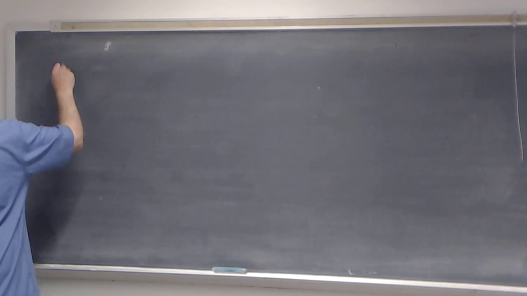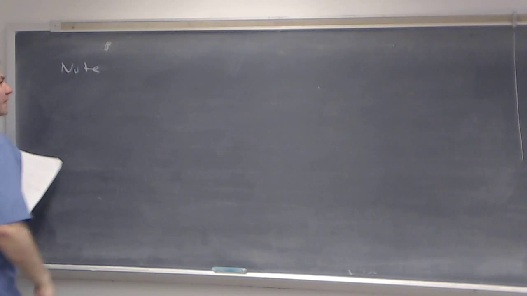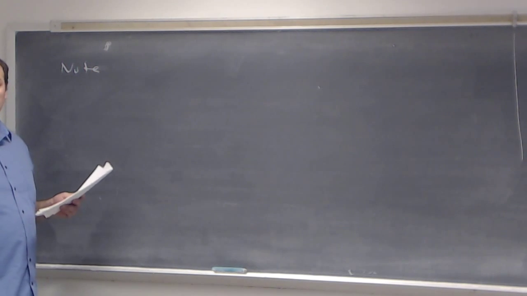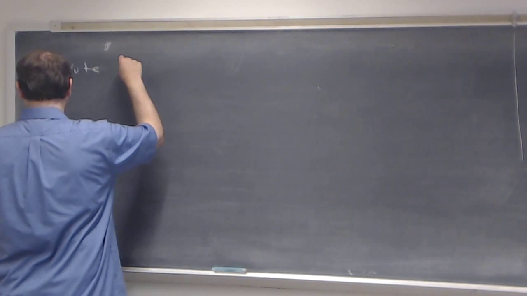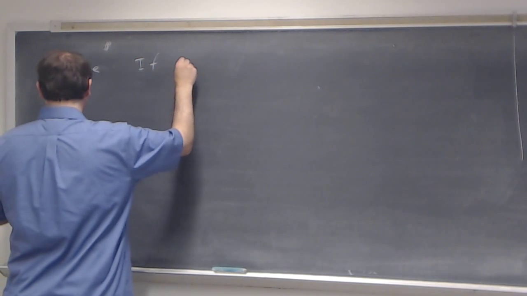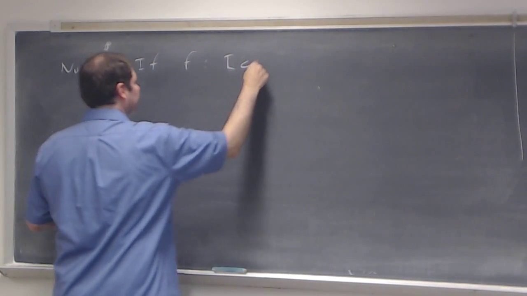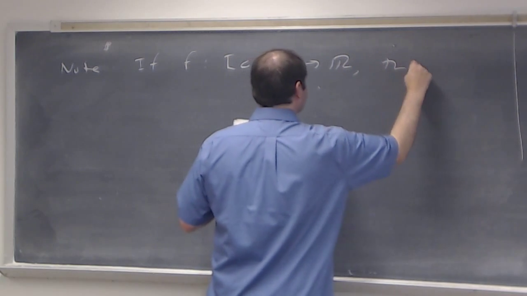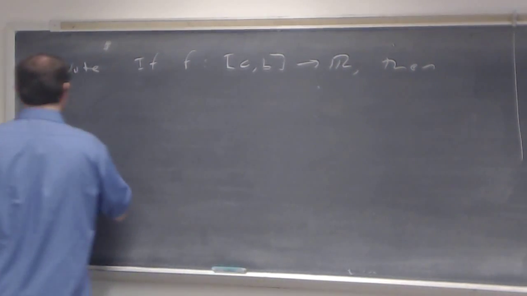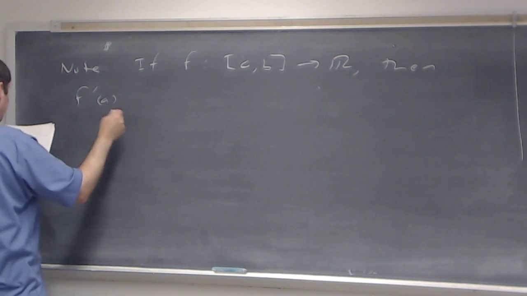Now, we want to make sure that we're defining the derivative on the closed interval. So if f goes from A to B into R, then keep in mind f prime of A can be defined.